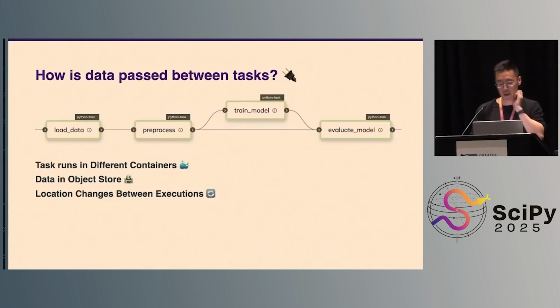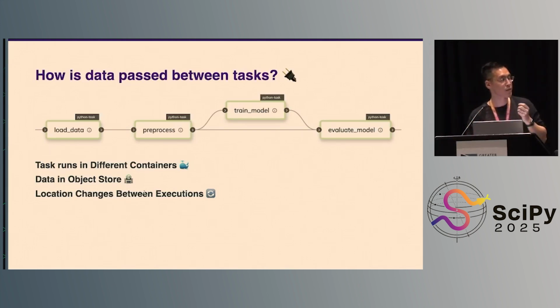Another thing here is that with object store and passing things around, the location of object store matters, because when you have a workflow, the tasks run in different containers. And all the data is in the object store, so they get passed around. Every time you run a task, it gets stored in the object store, and when a task starts, it reads from the object store.